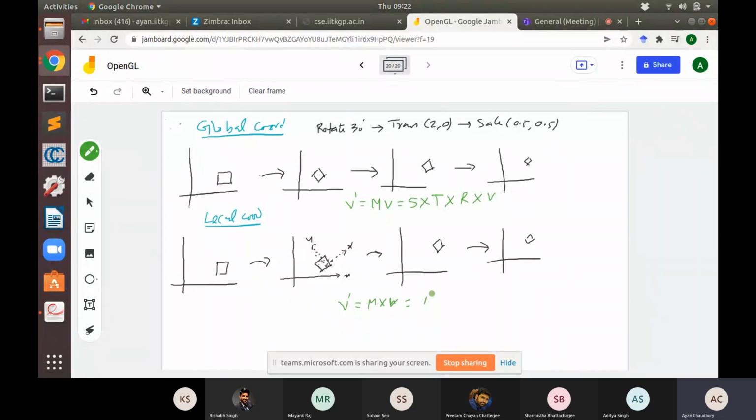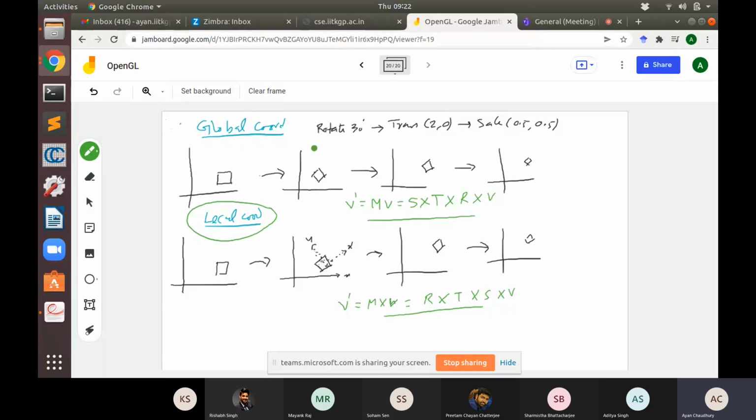So that means we do rotation followed by translation followed by scaling of that one. Okay. So basically these are the same, but make sure that OpenGL uses this one, so it's much easier to handle sometimes with the objects being actually manipulated in its local coordinate frame.